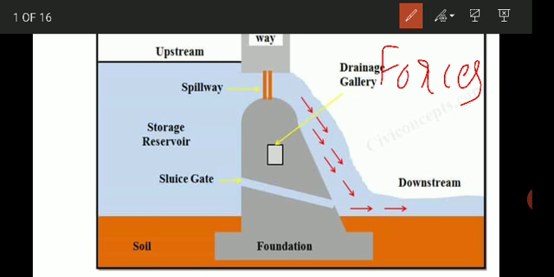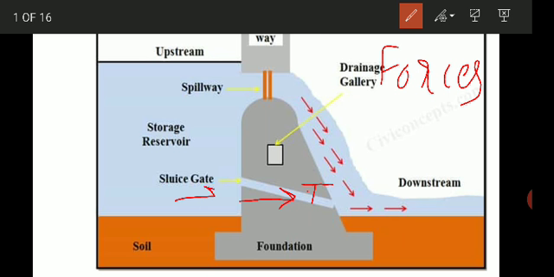The first one is the water pressure. This is the direction in which the water pressure is active. You can call it T. So T is the water pressure, the pressure of the reservoir water, which tends to displace the dam horizontally.